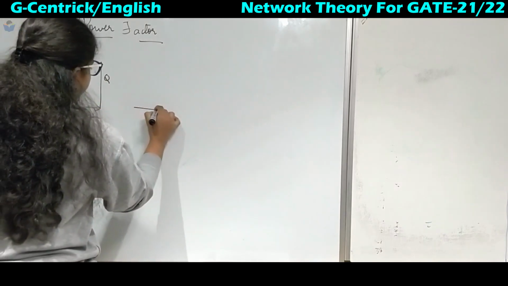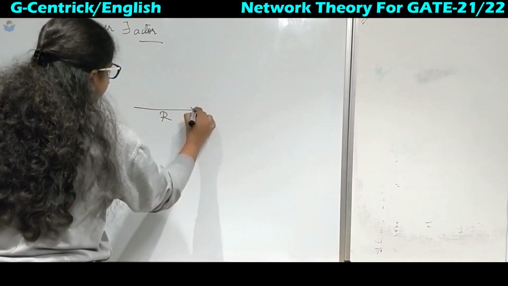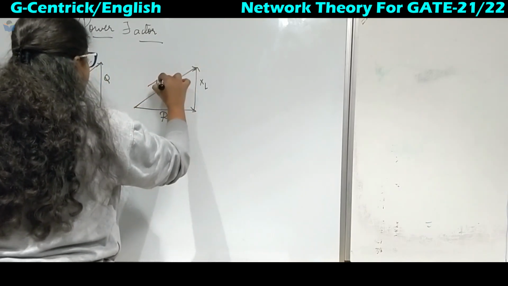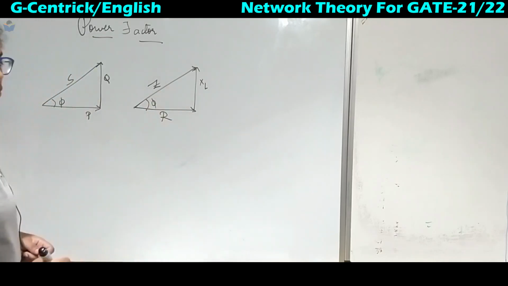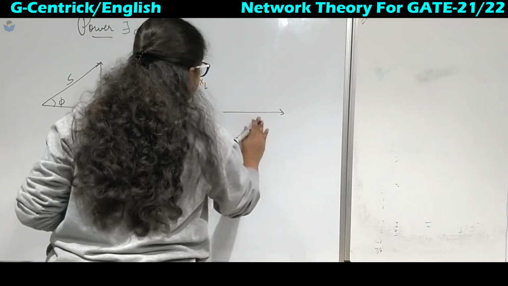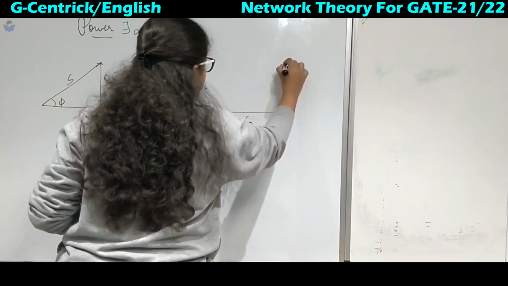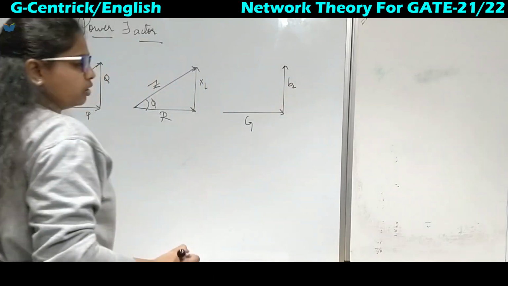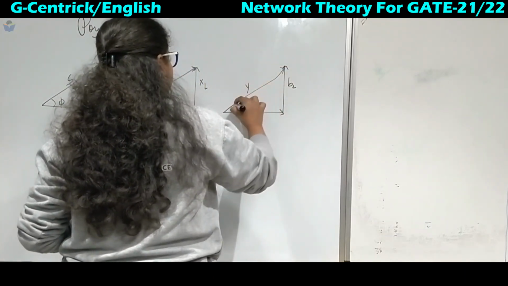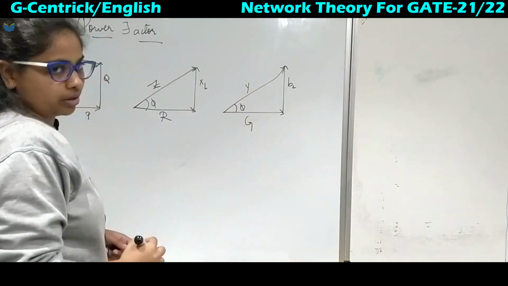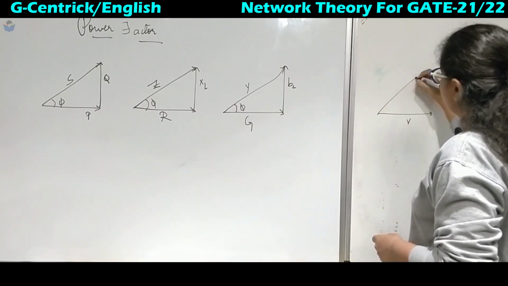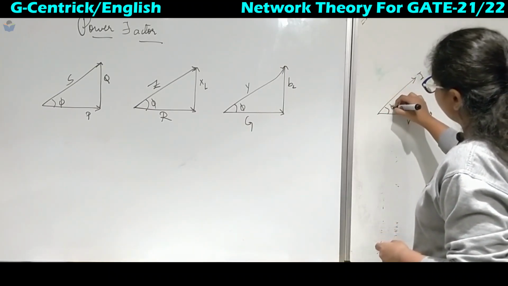Next, with R, XL and impedance, this becomes the impedance triangle. We will also see it with admittance: here it is conductance, and here either BL or BC. This is the admittance triangle. One more is the current and voltage, where this is phi.